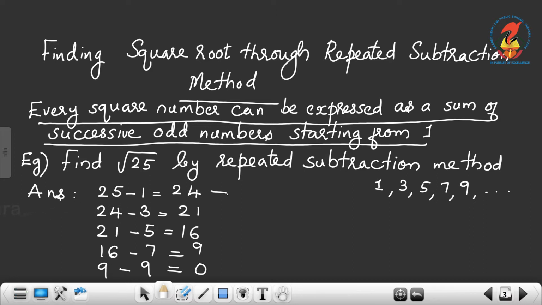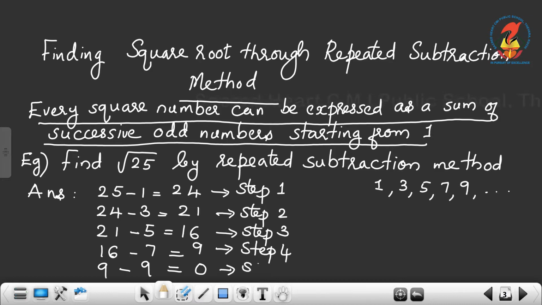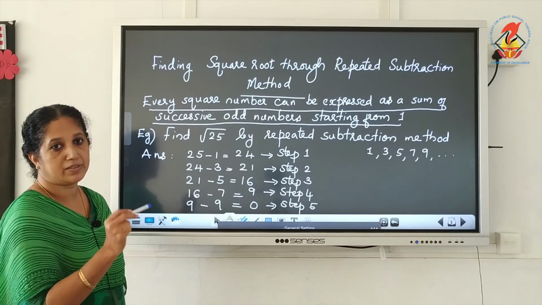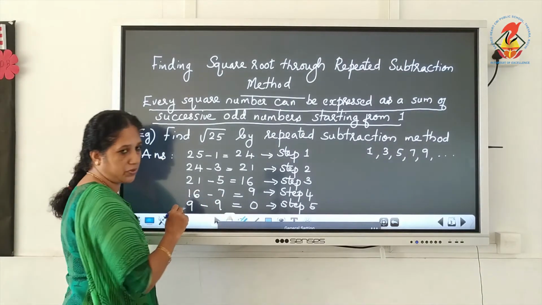Now, here we write step 1, step 2, step 3, step 4, and step 5. We can see that at the fifth step we got the remainder 0.